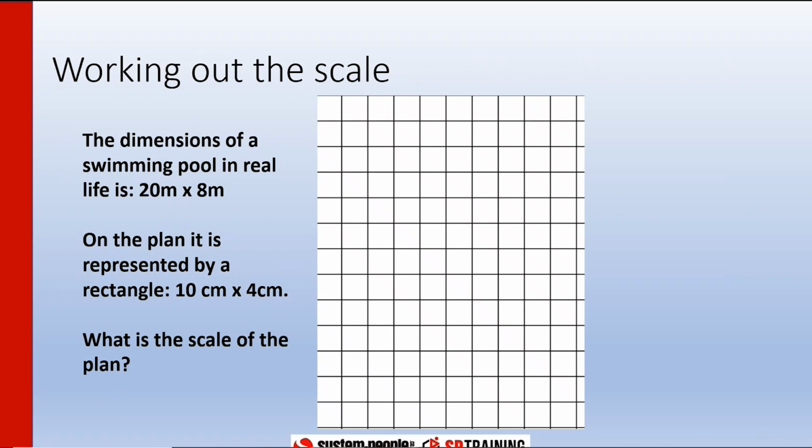Well, let's draw this out. We've got this rectangle, which is our pool, 4 centimeters by 10. The 10 centimeters represents 20 meters and the 4 centimeters represents 8 meters.